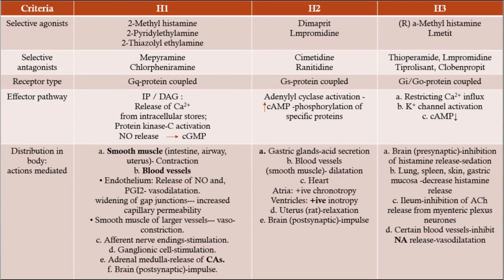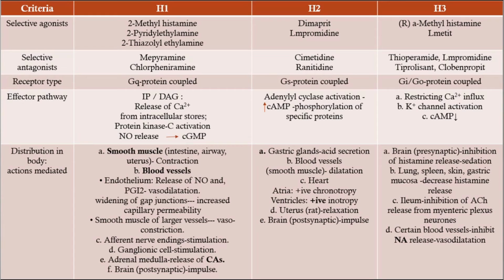Receptor type is GPCR, Gq type of G protein coupled receptor. The pathway is IP3 DAG, release of calcium from intracellular stores, as well as protein kinase C activation and nitric oxide release, which causes release of cyclic GMP.